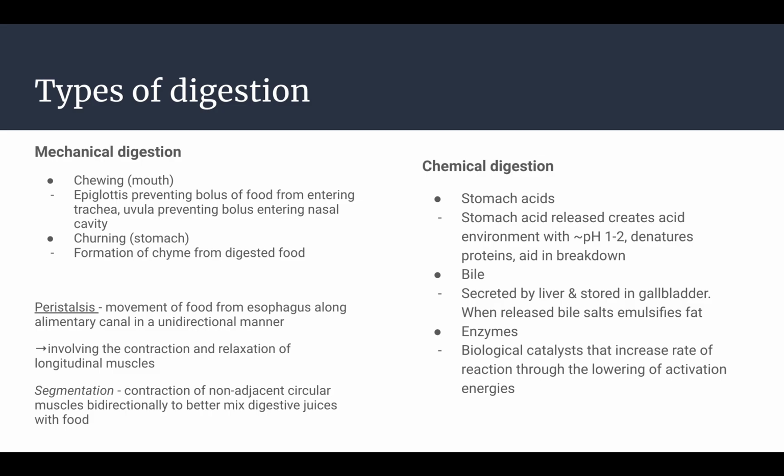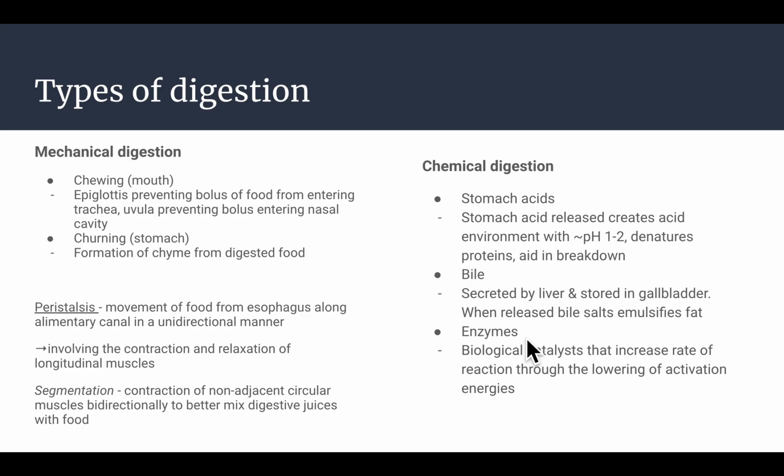And then we have chemical digestion, which is basically breaking down large insoluble particles into smaller ones, or their constituent monomers or monosaccharides, that actually get absorbed by the body. During this process, three things are involved: the stomach acids, the bile, and enzymes.